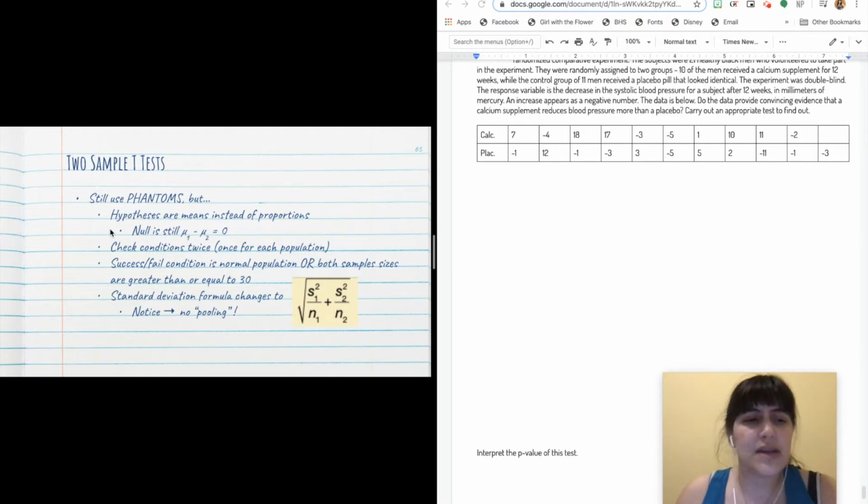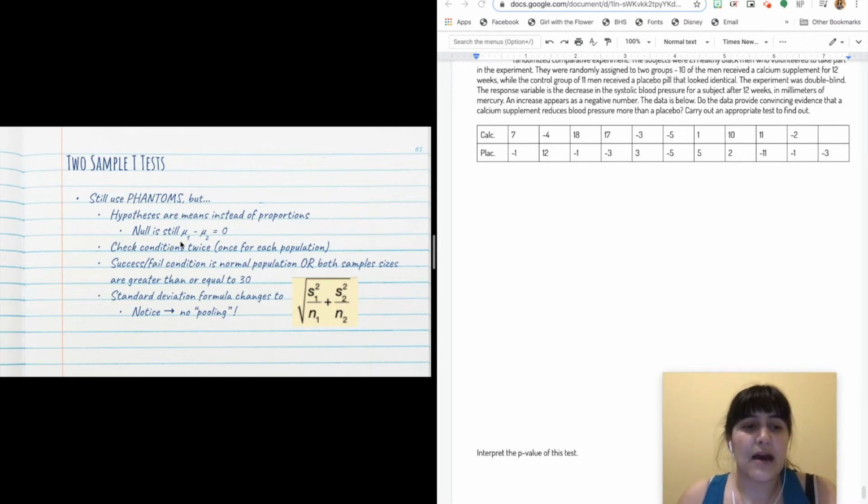The first one is in the hypothesis step, which I'm hoping you're like, okay, duh, Miss E, right? Null and alternate hypotheses are written with means instead of proportions, just like with the intervals, because this is T. T goes with means.